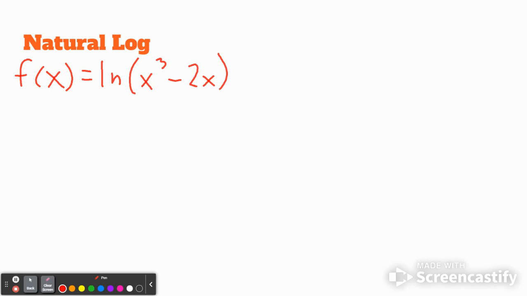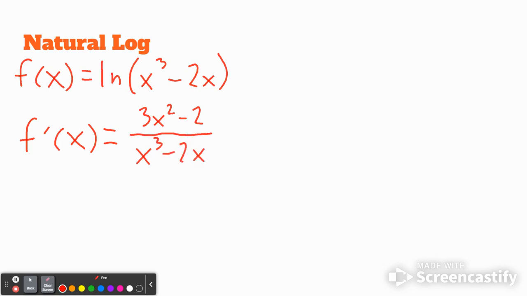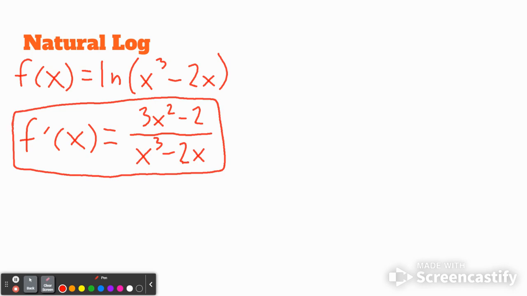Now the derivative of this would be equal to the derivative of the inner function, which is 3x squared minus 2, over the inner function itself, which is x cubed minus 2x. So this would be the derivative of this function. Not too hard.